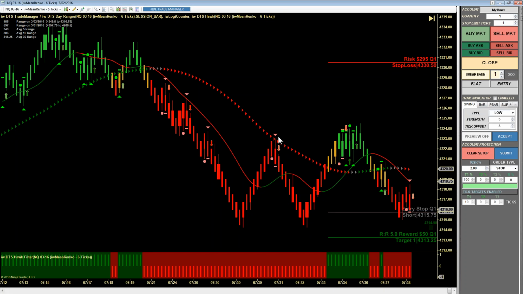Now, which of those trades do you think has the highest probability of success? Now, we're not talking risk-reward ratios here or anything of that nature. We are talking which trade has the highest probability of success. Well, the one with the bigger stop, don't you think?